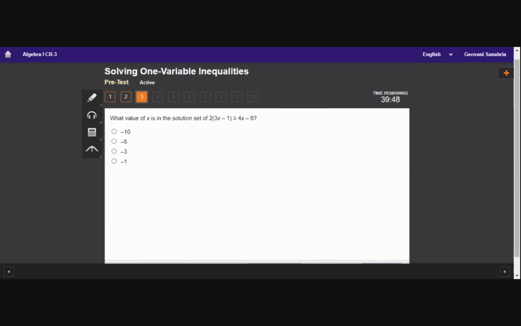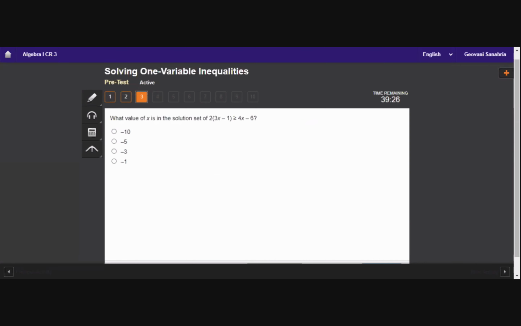So I get negative 2x. So now I got the negative 2 greater than or equal to negative 2x, negative 6. So now I'll add the 2. You can't.